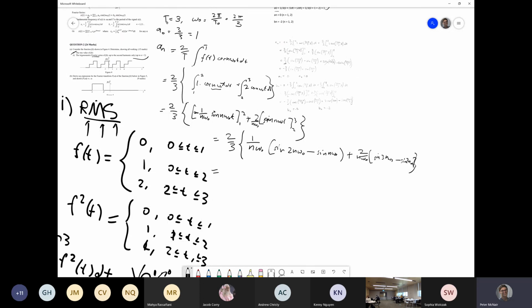So I guess then we would sub in our omega naught, so 2 pi on 3, and we can also sub in our n values.